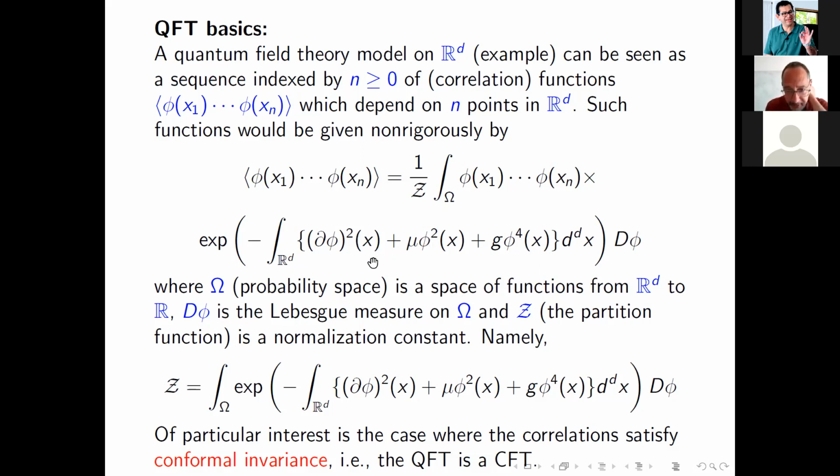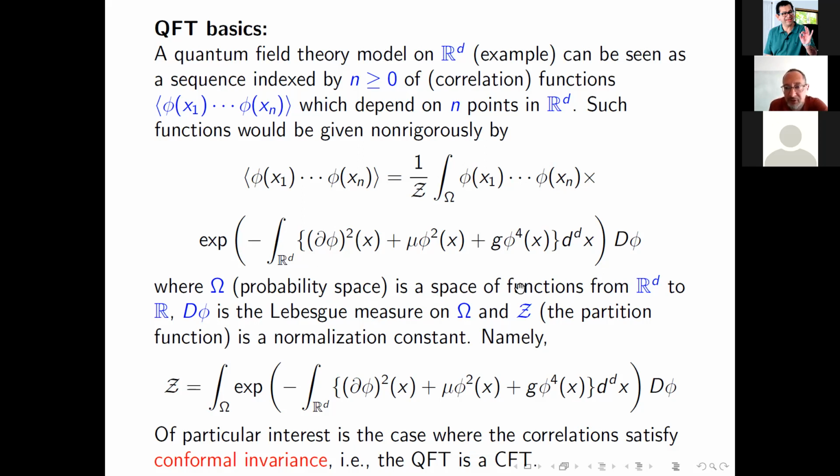We've seen something similar in Wilson's talk. And also this is the kinetic part, which is the integral of the gradient squared of the field. Phi is called the field, is actually the integration variable. Z here is a normalization constant. So it's basically the same integral, but without these evaluations of the field at these fixed points x1, ..., xn.